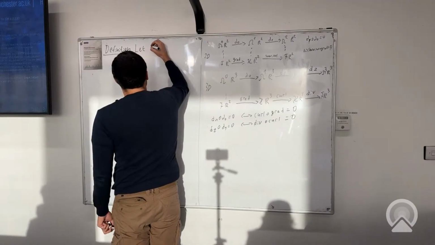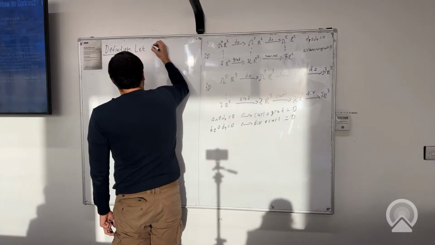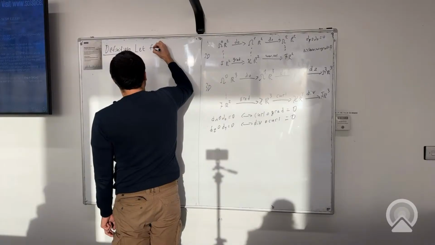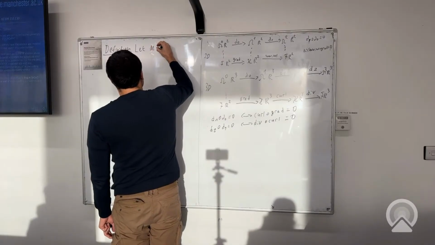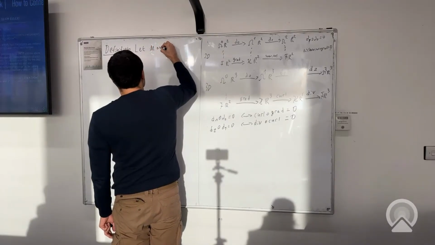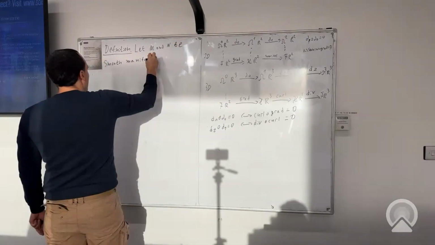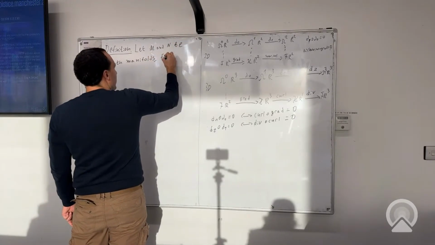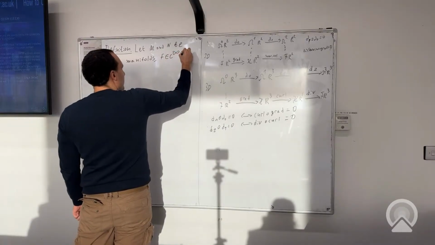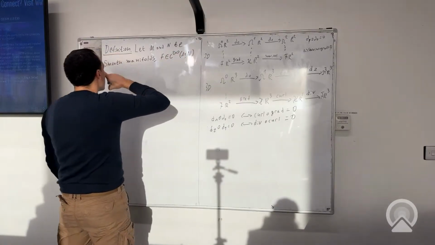So let M and N be smooth manifolds, and F a smooth map. So F is an infinitely differentiable map.